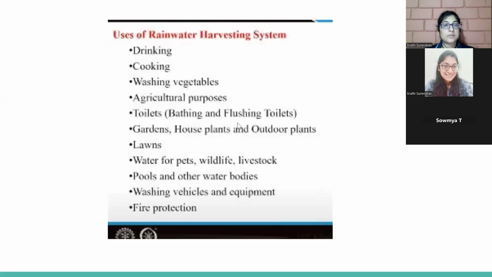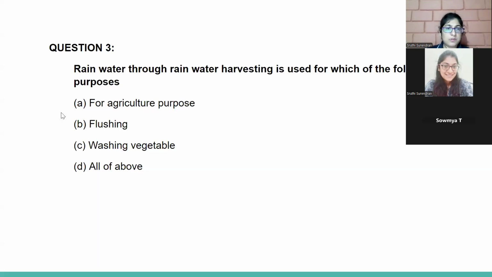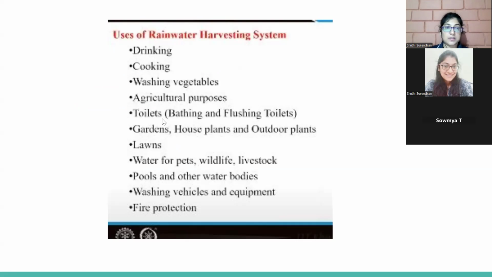Moving on. So these are some of the uses of rainwater harvesting. Very obvious question. We can say that water obtained through rainwater harvesting can be used for all of these. It can be used for agriculture, domestic purposes, drinking, cooking, gardens, toilets, lawns. There are various purposes for which harvested rainwater can be used, because it is a relatively cleaner source of water, obtained directly from the rain.